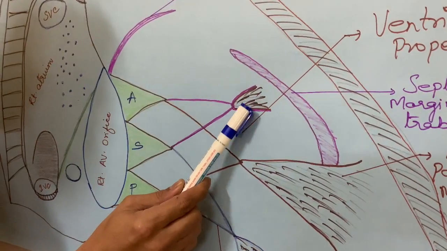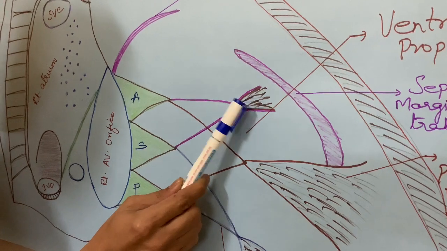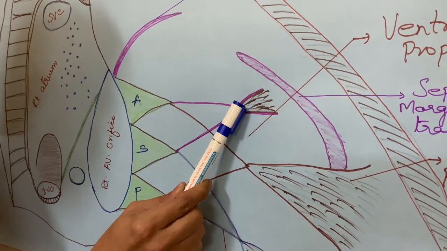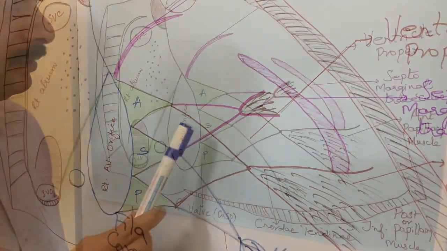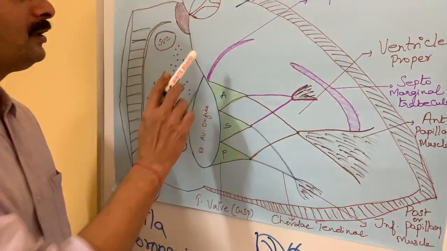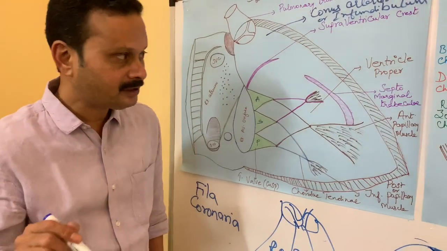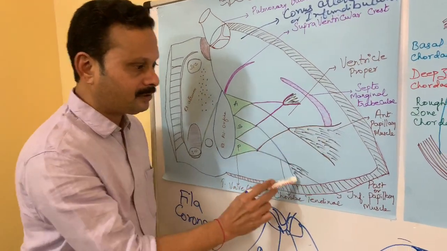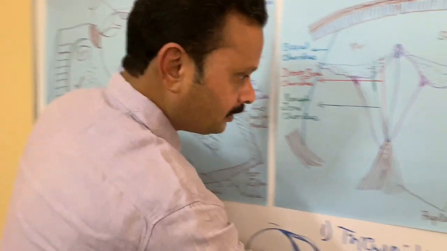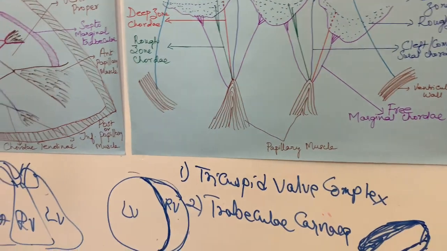Septal papillary muscle, if present, has chordae tendineae attached to the anterior leaflet and septal leaflet. So these ridges, the supraventricular crest, the bridges in the form of septomarginal trabeculae, and the papillary muscles are grouped under the heading trabeculae corneae.